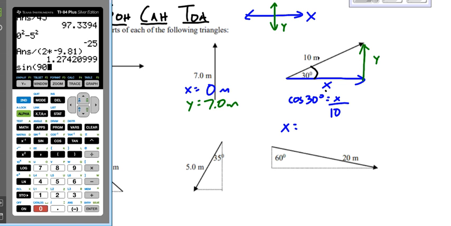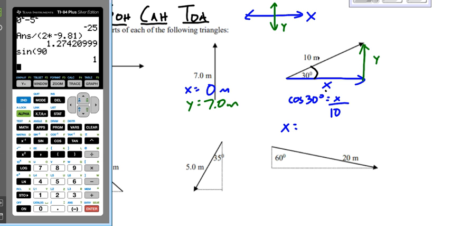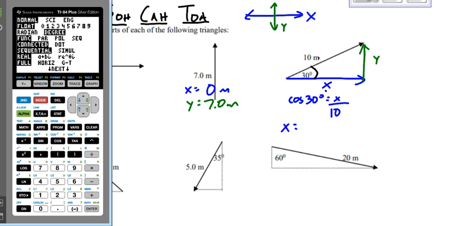What does that have to do with this? It's a check. If sine 90 equals 1, you're good to go. If sine 90 equals 0.89, it means you're in radian mode, and you have to convert it back to degree mode. Now, how do you convert it back to degree mode? Press mode. You can scroll down here, you can see I'm in degree mode, but if it says radian, then highlight degree.